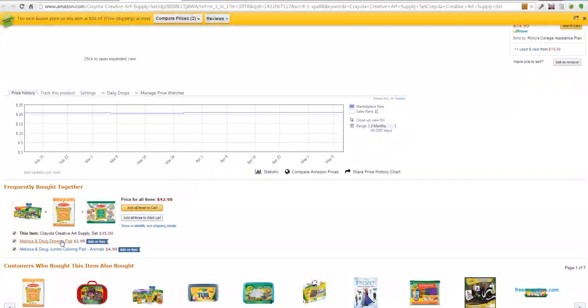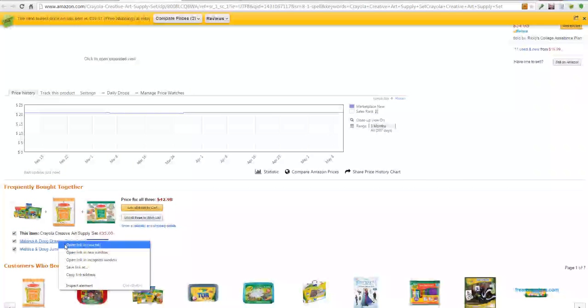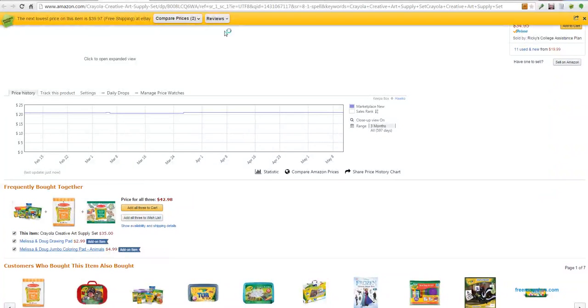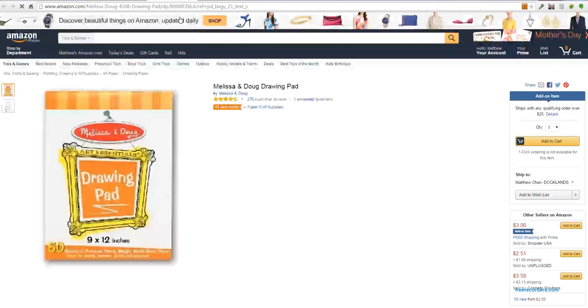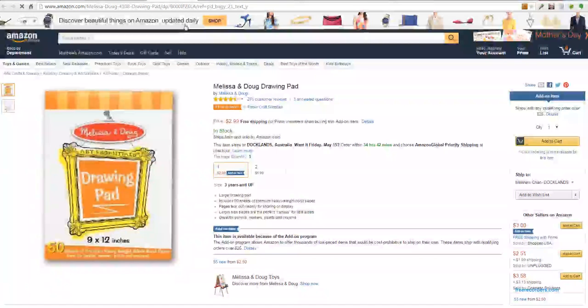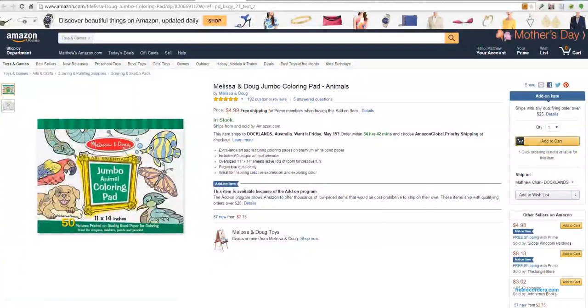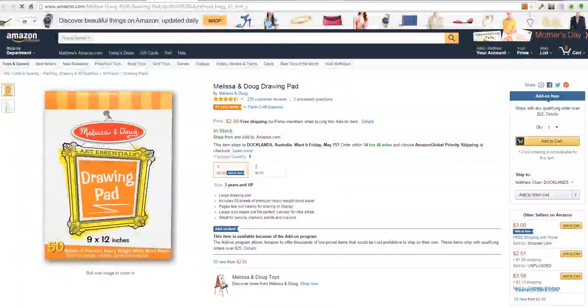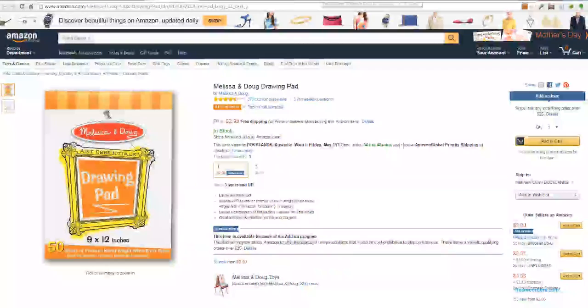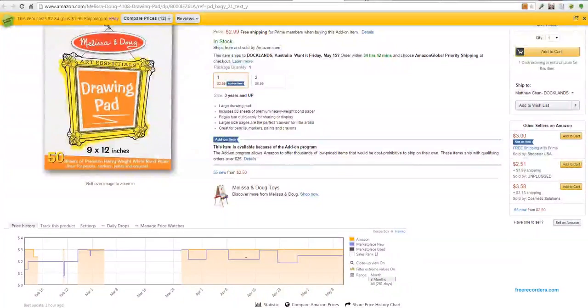So I would open these two. So there's the drawing pad and the other colouring pad. Now I found it before.